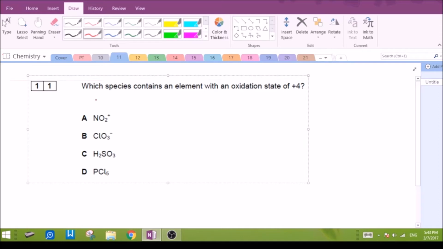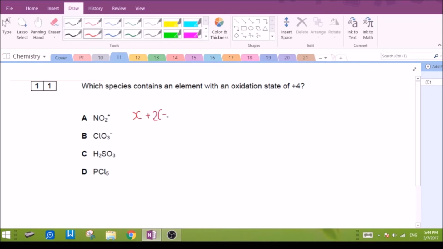Question 11. Which species contain an element with an oxidation state of +4? Right, so let's look at the first one. The unknown will be nitrogen, right? And oxygen, unless it is in the peroxides, oxygen usually will be assigned an oxidation number of -2. So letting the unknown nitrogen be X, we have 2 oxygen.